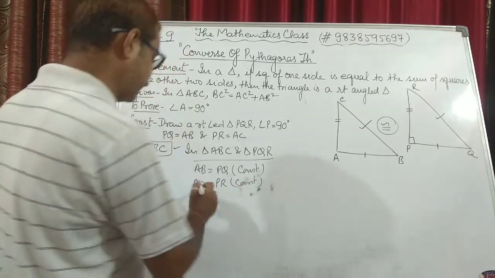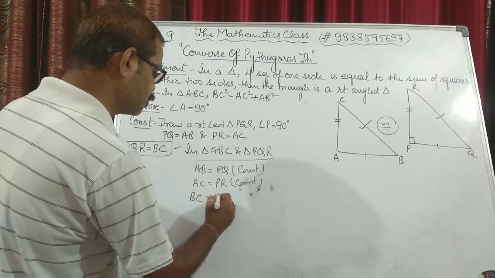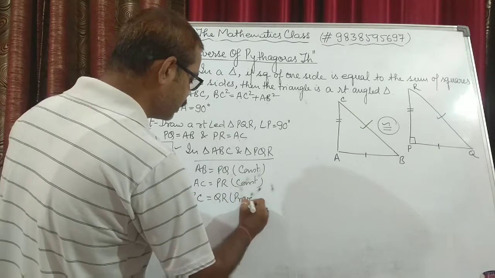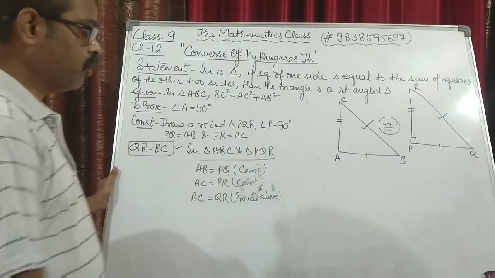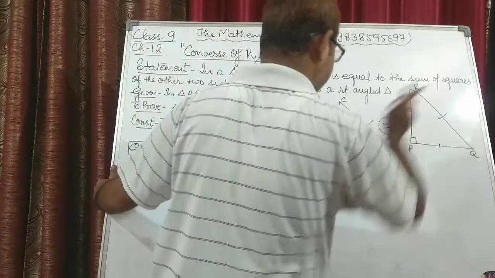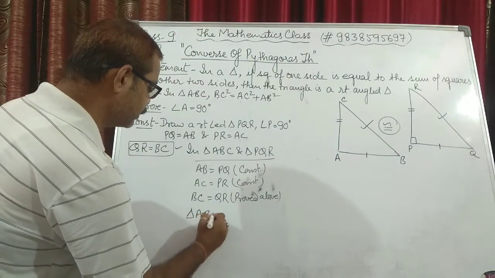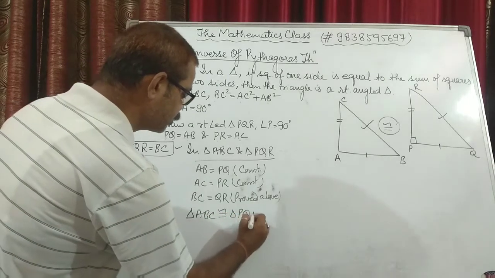And third point we can say that BC is equal to QR. How? Because that has been proved above. Now all the sides are equal, so we can say that triangle ABC is congruent to triangle PQR.